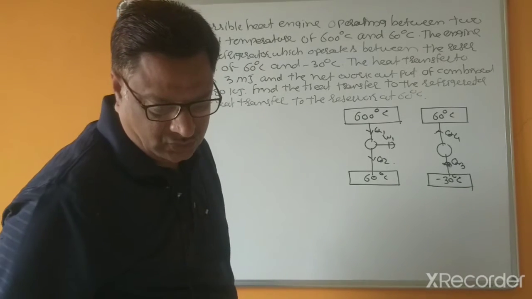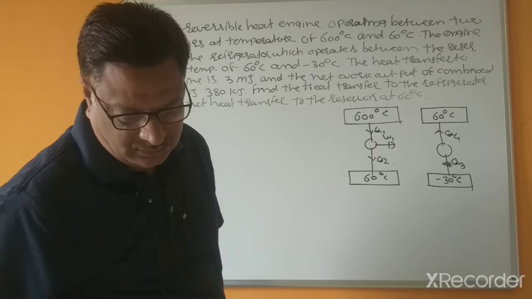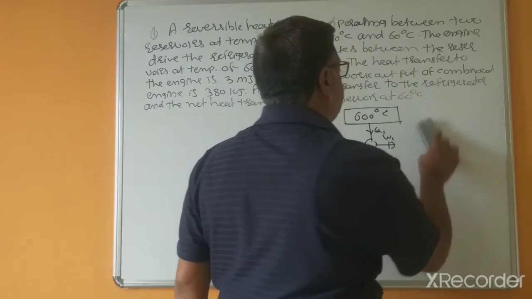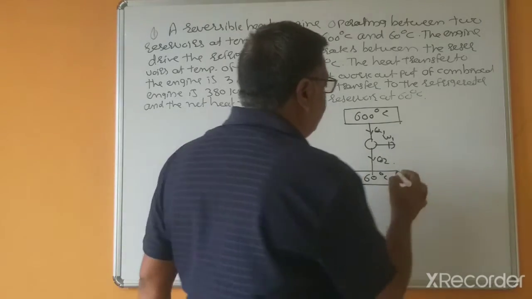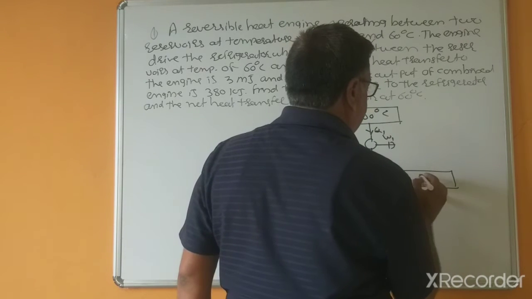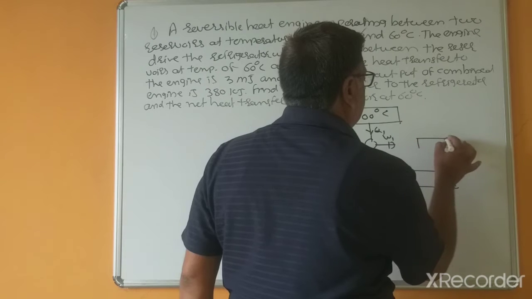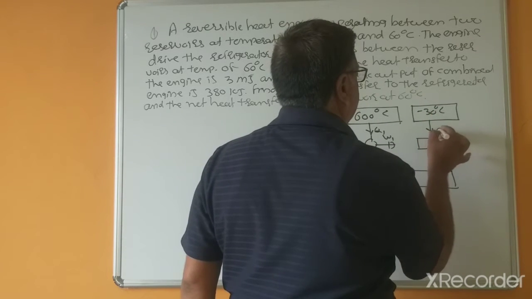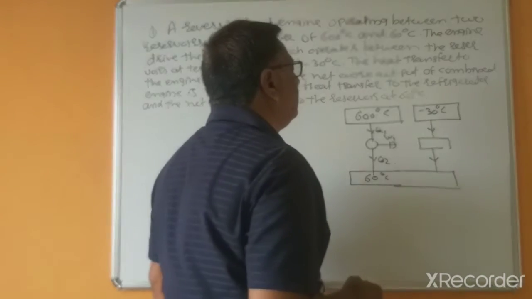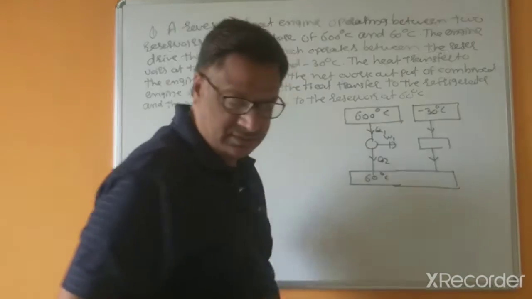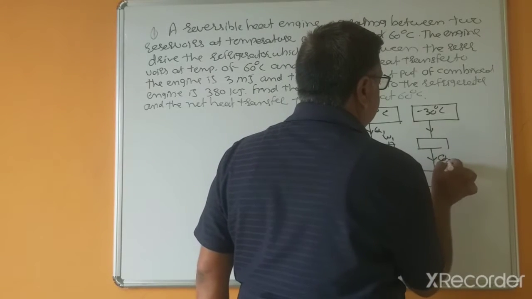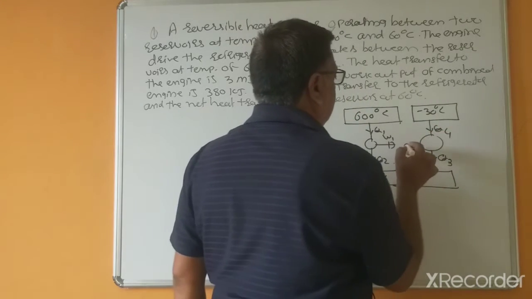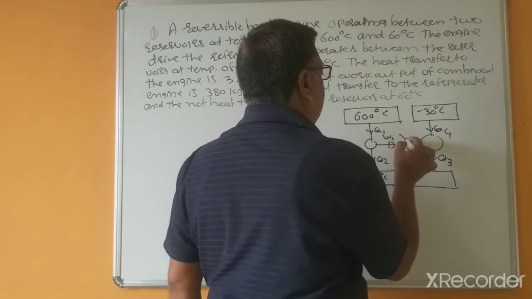This is Q3 and this is Q4, and the refrigerator work is W2. Since both cases have 60 degrees centigrade, we can combine them.